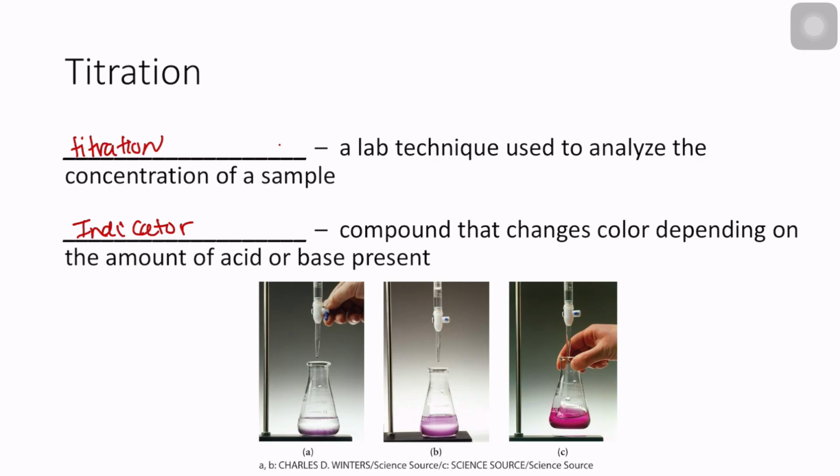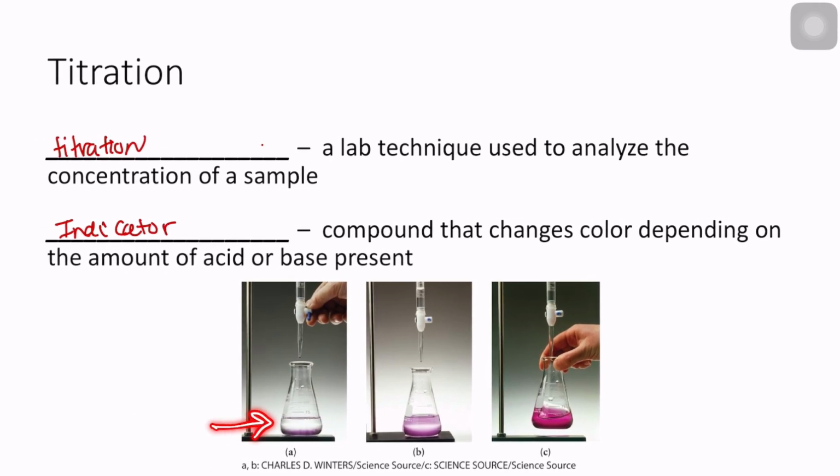So in this example down here, we have an acid reacting with the base. The base is up here in our burette. This is the glassware we use for a titration. Our acid is down here in the Erlenmeyer flask. We also put the indicator down here in the Erlenmeyer flask.